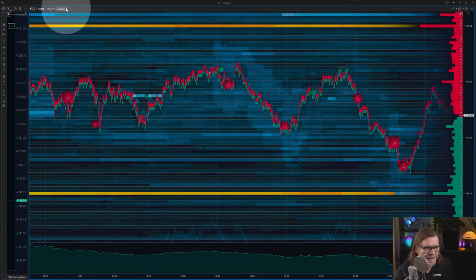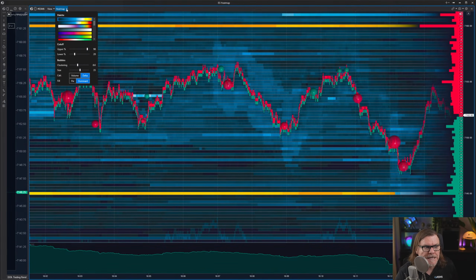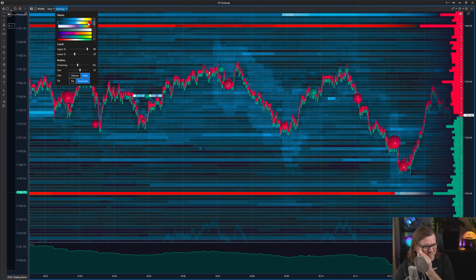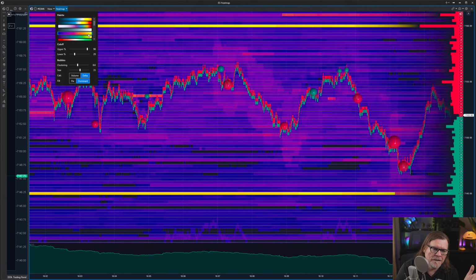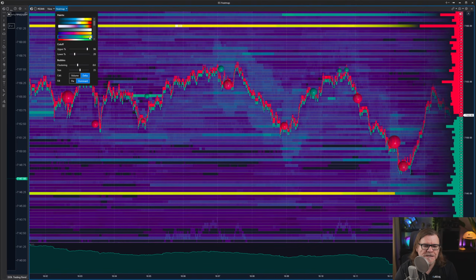When I click here in the upper left corner at the heat map, you see these gradients. I can switch the visualization style of the heat map by choosing different modes, different gradients.